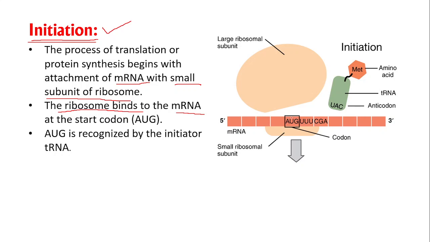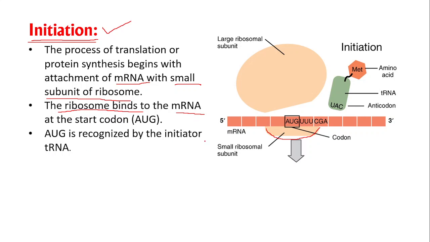For that sake, the smaller subunit of the ribosome gets attached to the region where the codon AUG is present on the mRNA. Is that clear? AUG is recognized by the initiator tRNA.